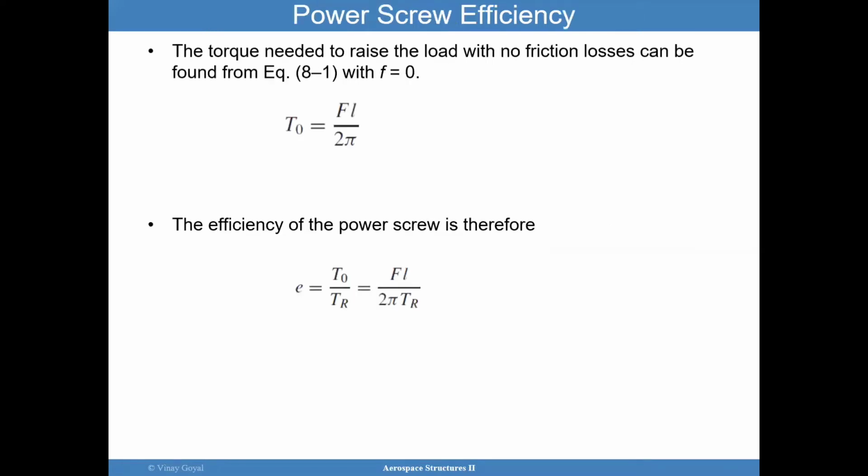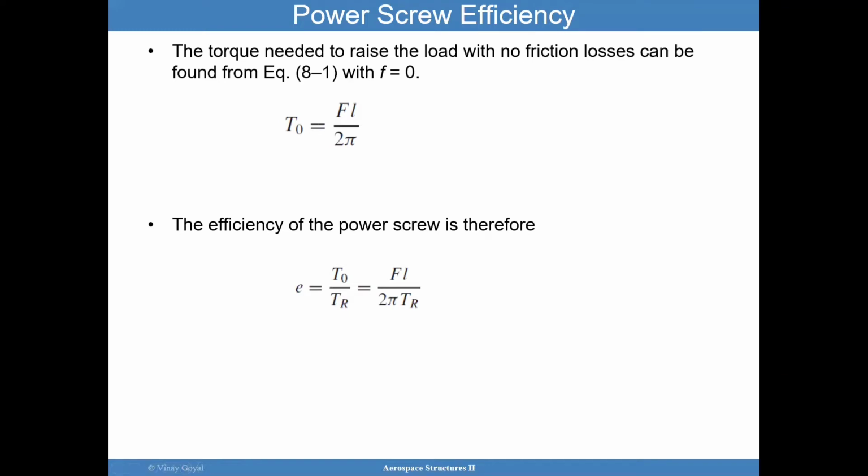The power screw efficiency is another calculation that can be performed, and it provides the torque needed to raise a load with no frictional losses. That can be found by setting f equal to 0. Then you can determine the efficiency of the power screw by dividing the torque with no friction by the torque for raising that load.